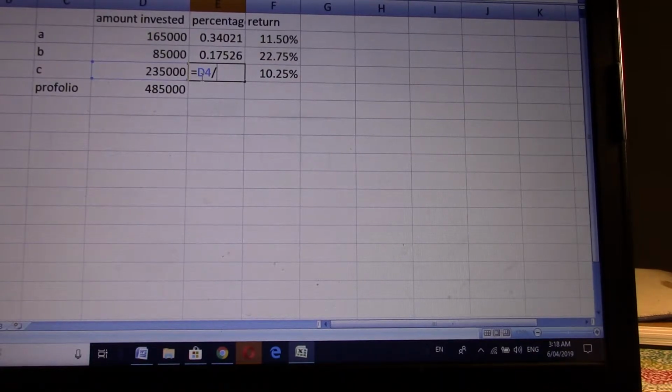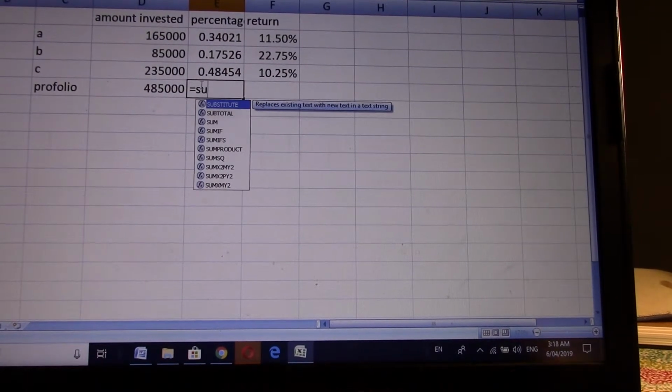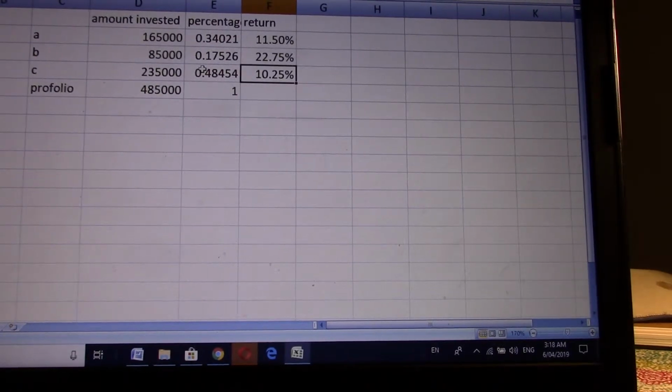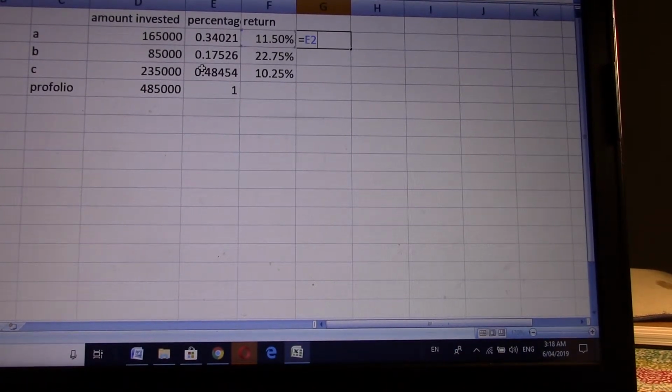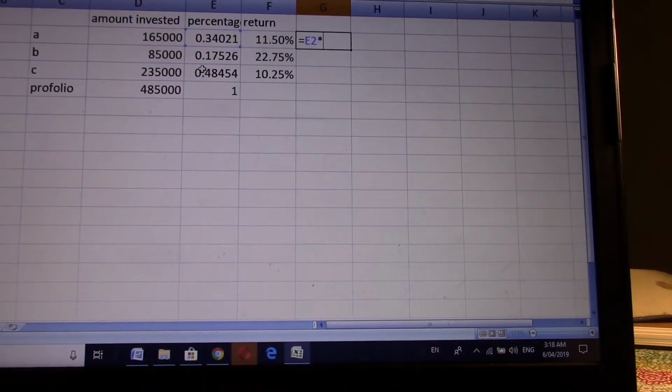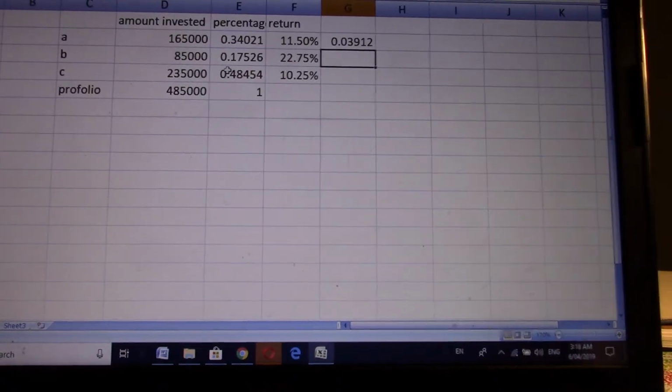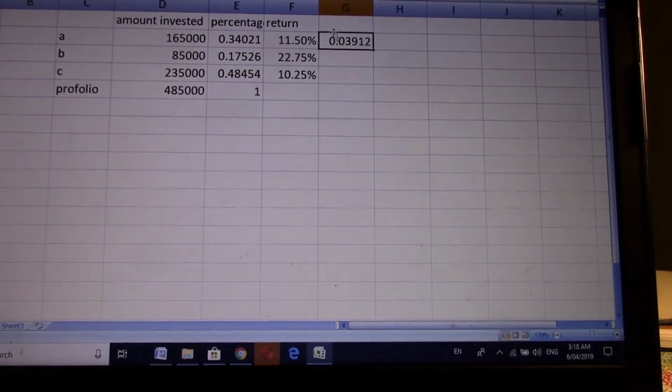So to check our calculation, we can just add it up. It should add up to 1. That's right. And then now returns are given. So what you can do is just use the percentage, multiply by the return, and drag it down here.